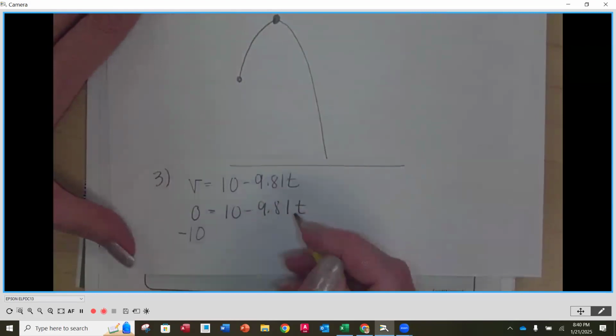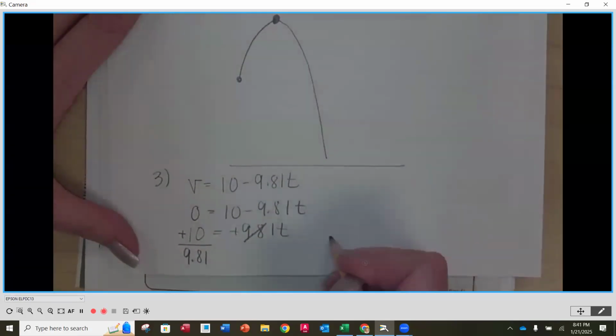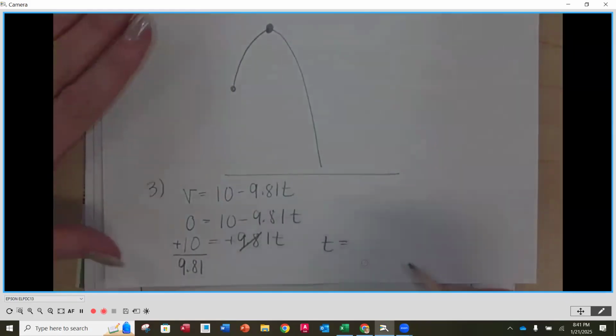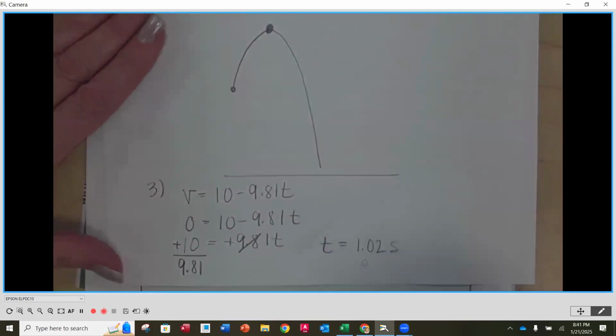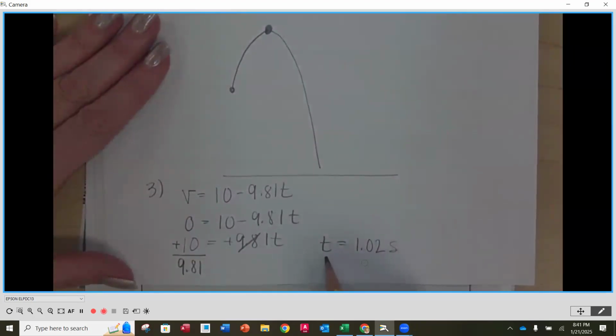That's going to be negative 10 is equal to negative 9.81 t. You can make both sides positive. Divide by 9.81. So our t is going to be equal to 1.02 seconds. All right. So that's the time when we're at the highest elevation.